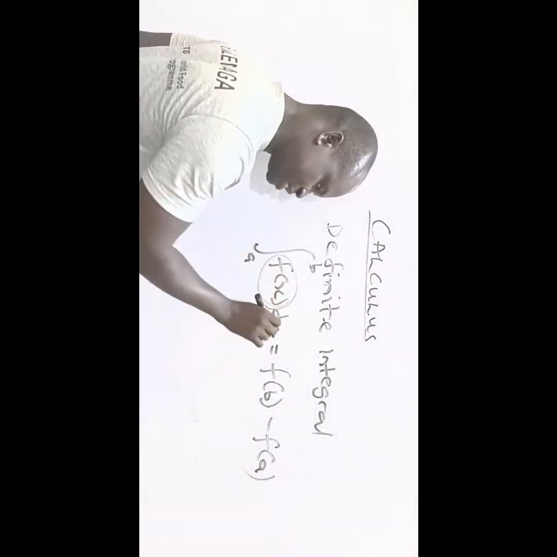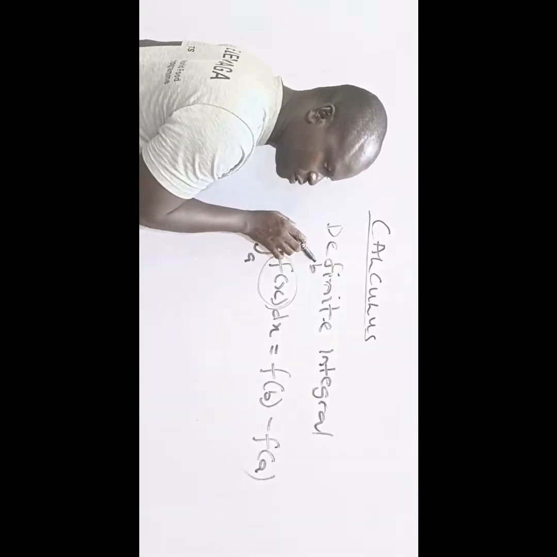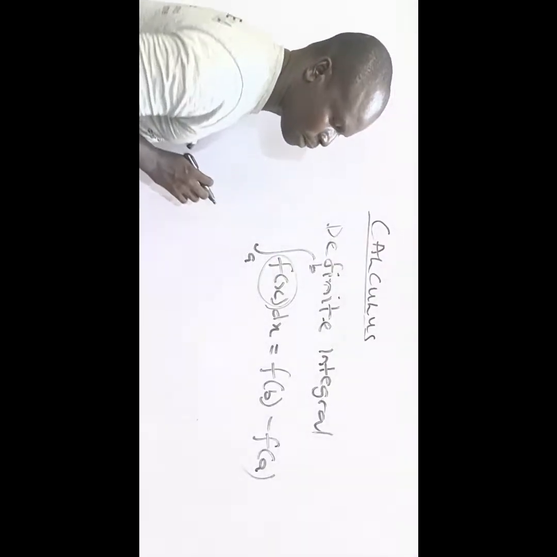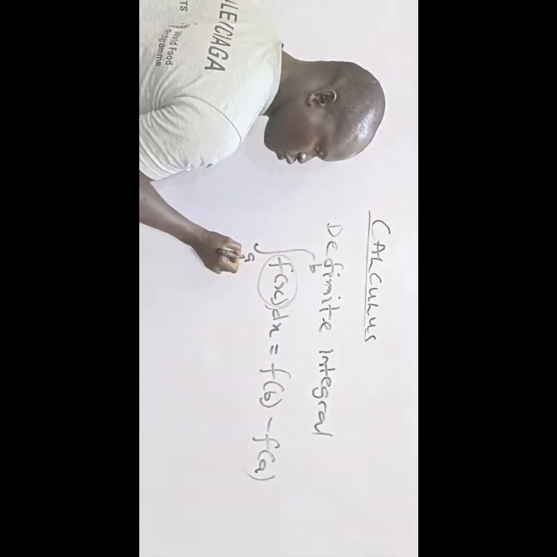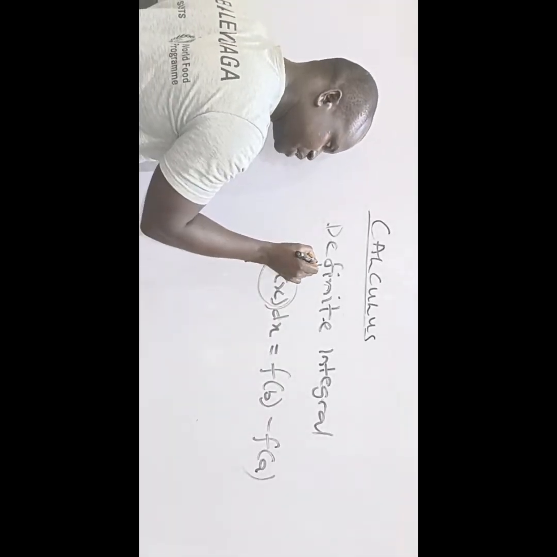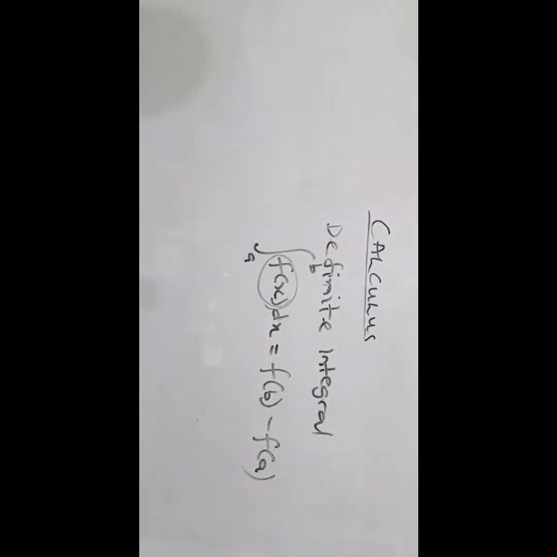By the time we integrate the function, you substitute the value of the upper bound minus the value of the lower bound. So when we have an integral sign with a as the lower bound and b as the upper bound, you don't need to put the arbitrary constant, because it will cancel out.